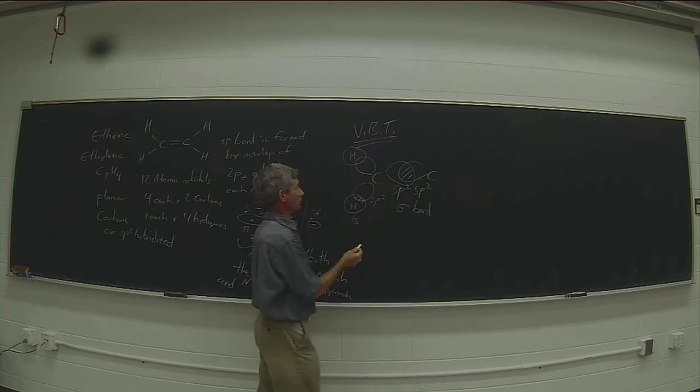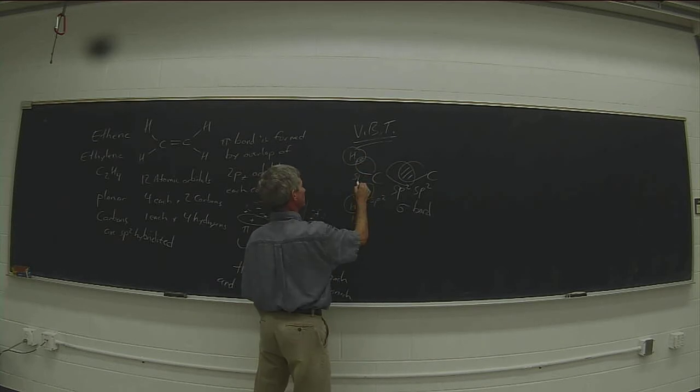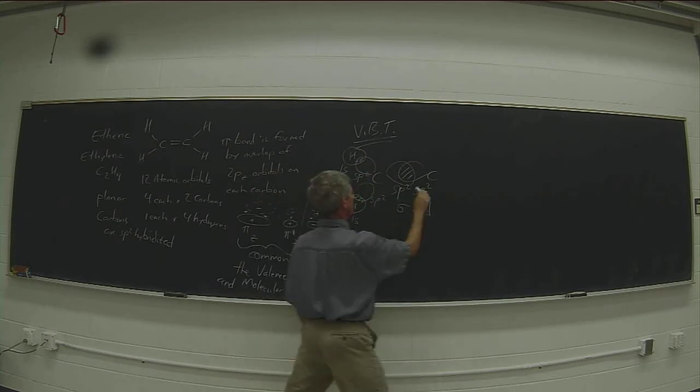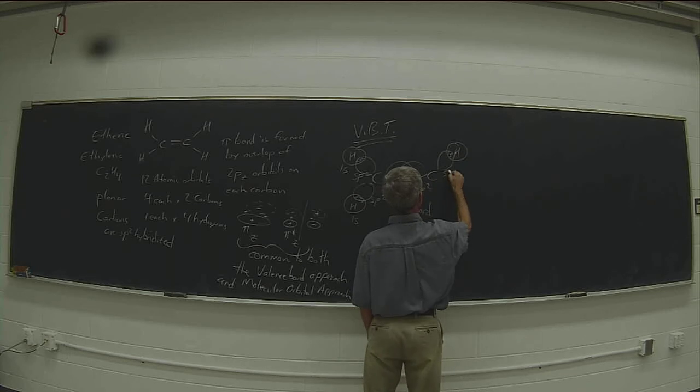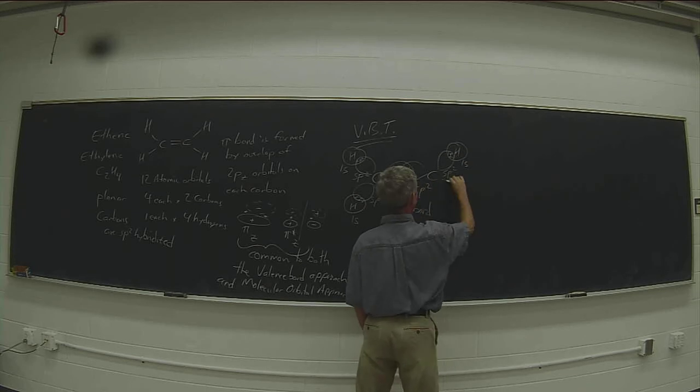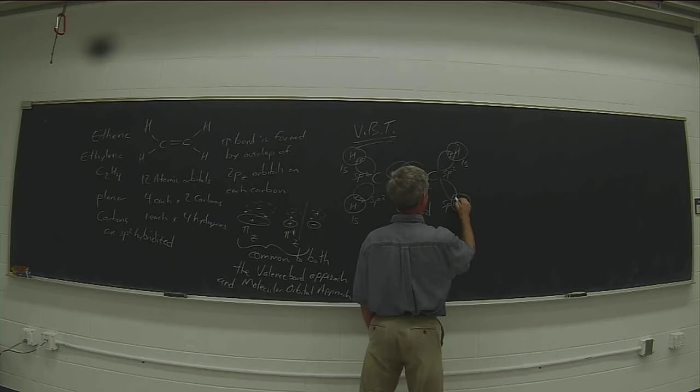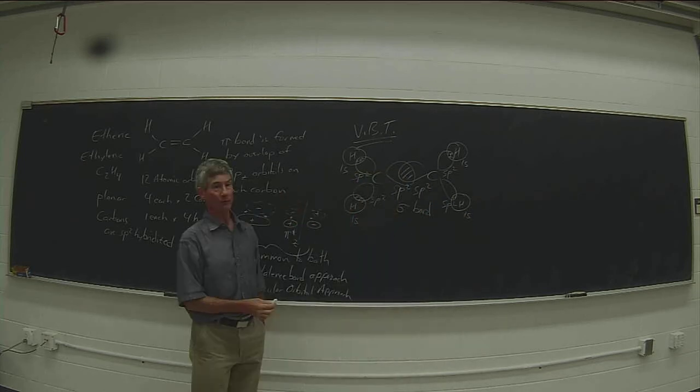And that's going to be repeated for each of the other hydrogens. So we form a total of 5 sigma bonds.